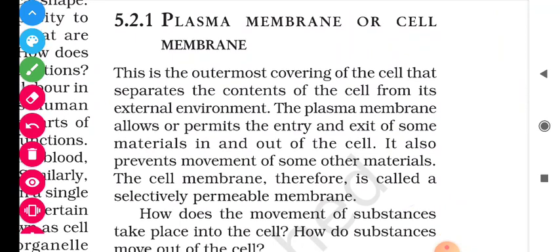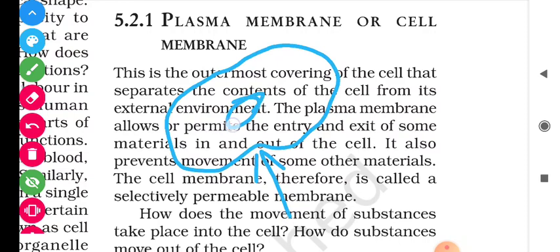Let us start. Plasma membrane. This is the outermost covering of the cell that separates the contents of the cell from its external environment. If we consider a one cell structure like this, this covering layer separates the contents of the cell from its external environment.